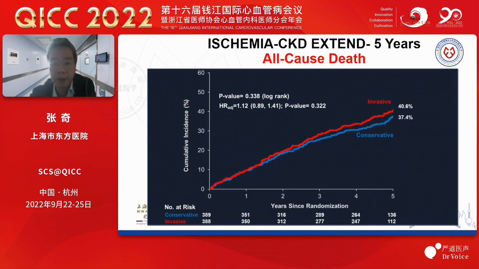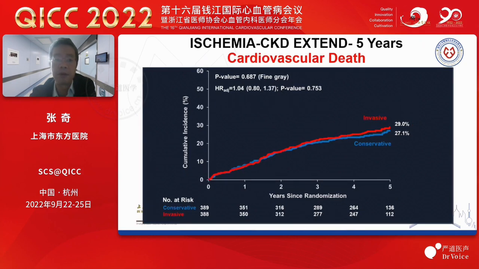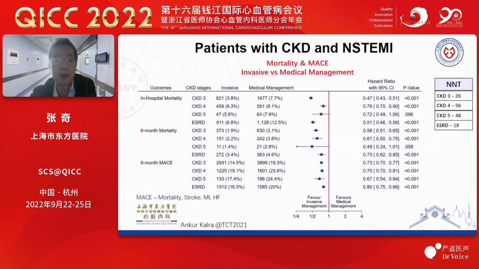For the invasive group and the conservative group, there is not much difference, and the result for long-term prognosis is very similar. For cardiovascular death, that's also very similar to each other, with no statistically significant difference.